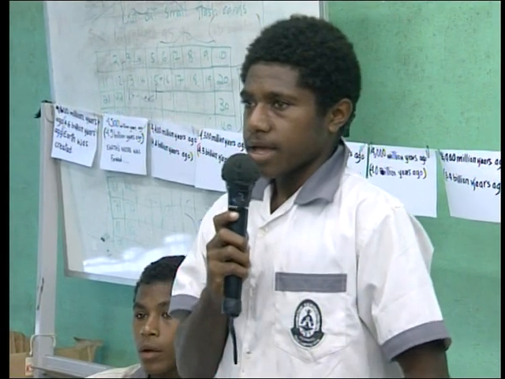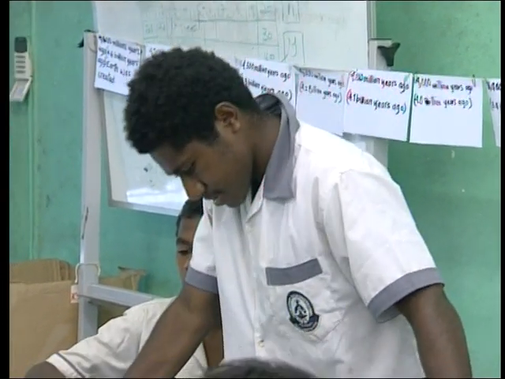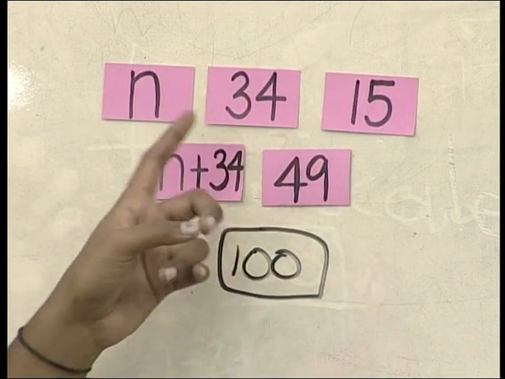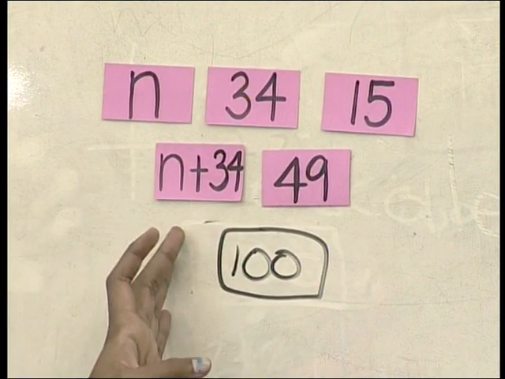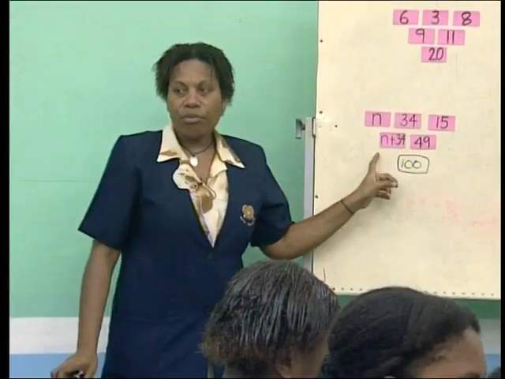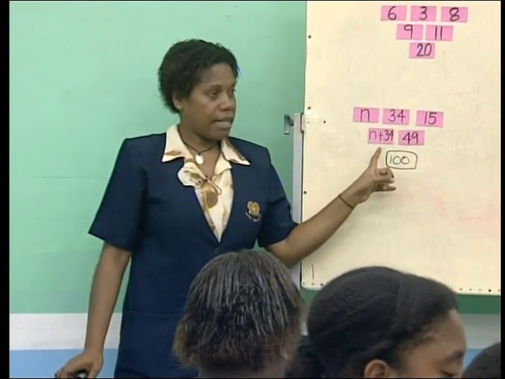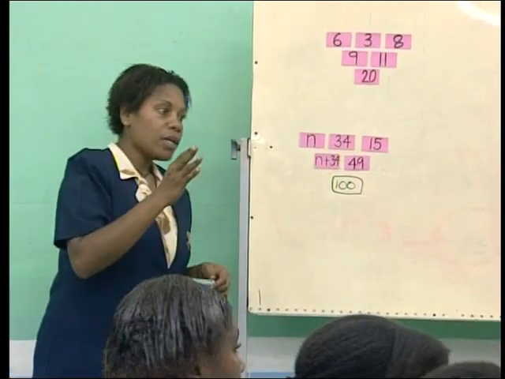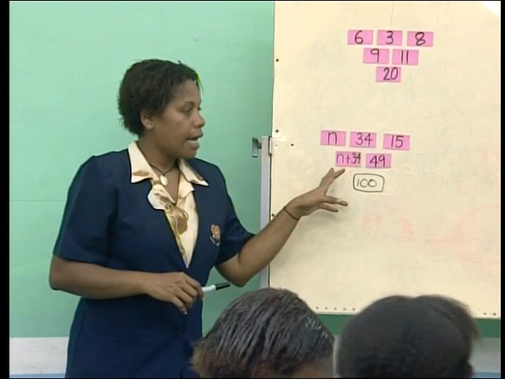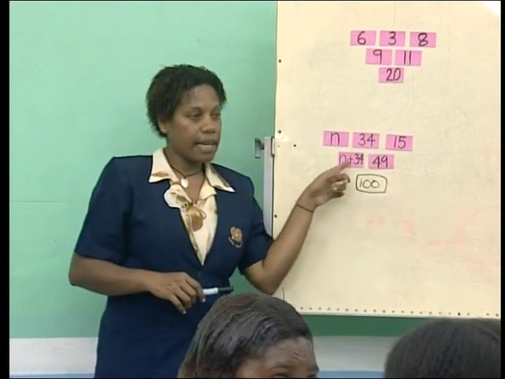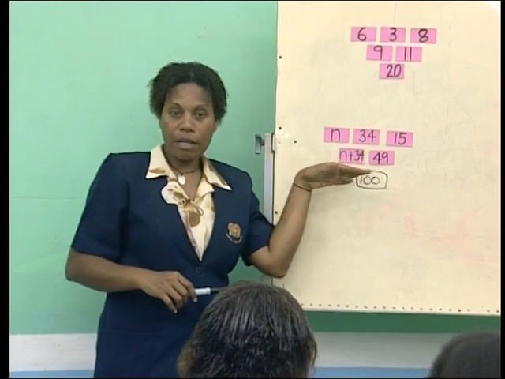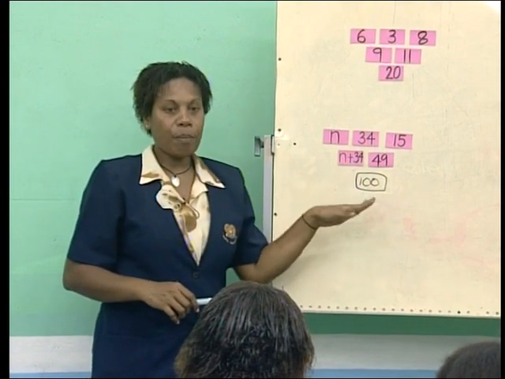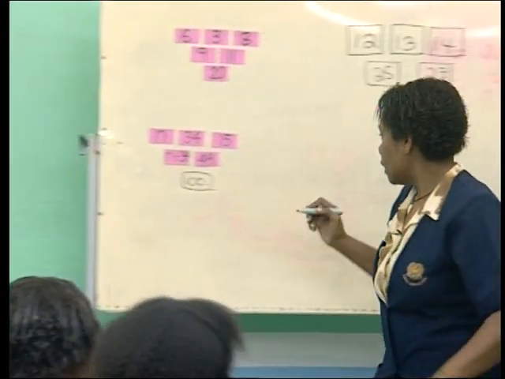Then you will get the N equation. Okay, thank you, Emmanuel. All right. Firstly, you already know the tower total. But this time, you have to find the value of N because there's a letter in there. So, you are going to form an expression, all right? Emmanuel said we are going to add the two numbers here in the second tier, or second line. So, N plus 34 plus 49, let's form an expression.